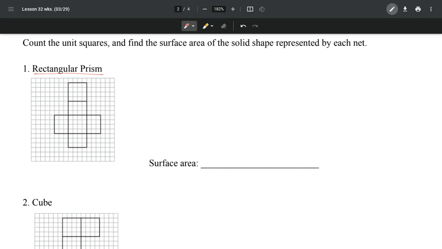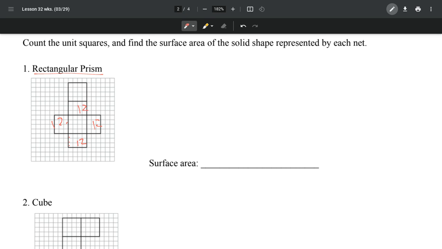Okay, so we're given a net of a rectangular prism, and we're asked to find the surface area. And so the first thing that we got to do is find the area of each face and then add them all up, right? So the first one, that's 3 by 4, and so that's going to be 12. That's also going to be 12, that's also going to be 12, and that is also going to be 12.